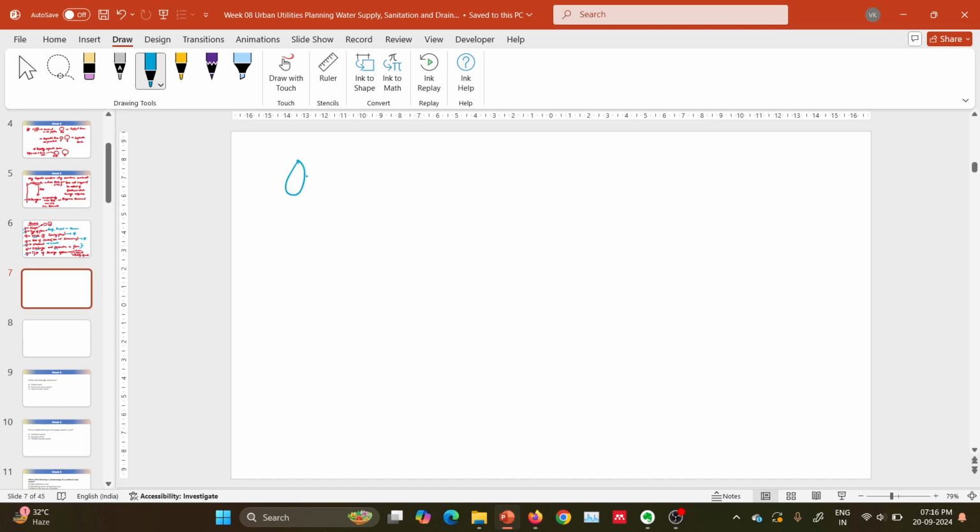Let's take a circular sewer. It should have some slope like this, and this is the diameter. Through this some discharge will come, and the sewer will not be completely full.